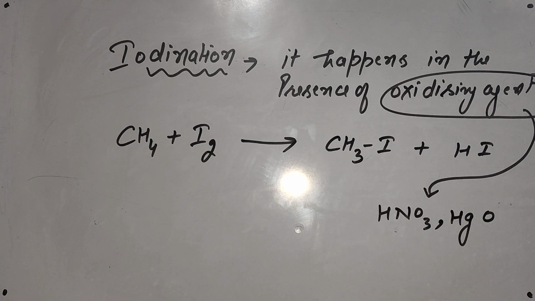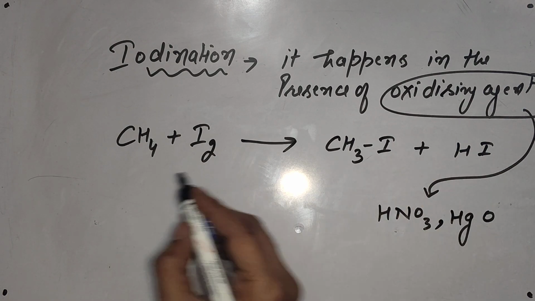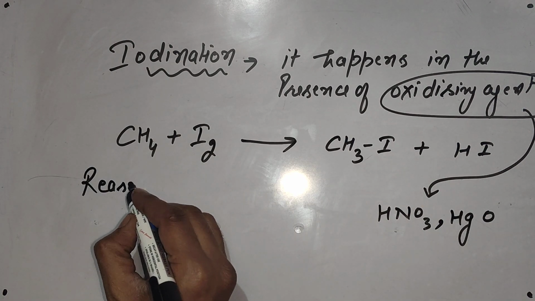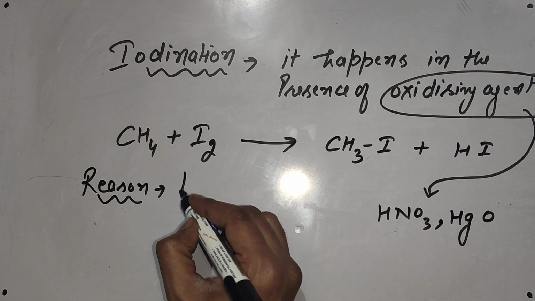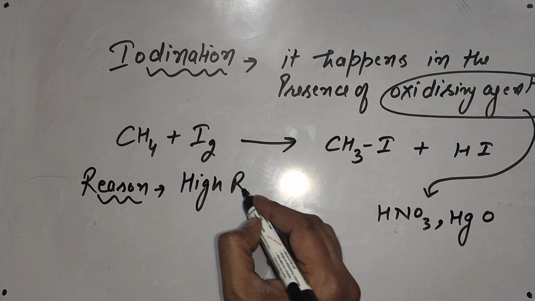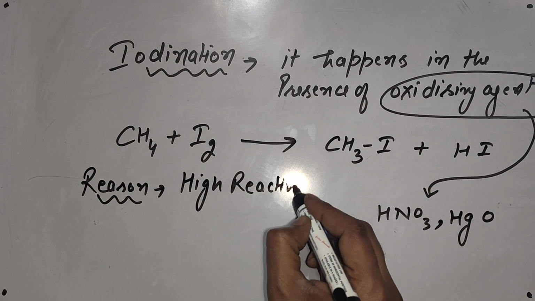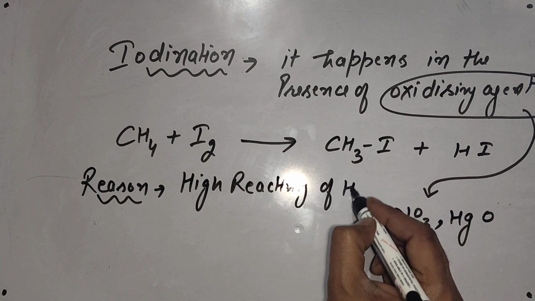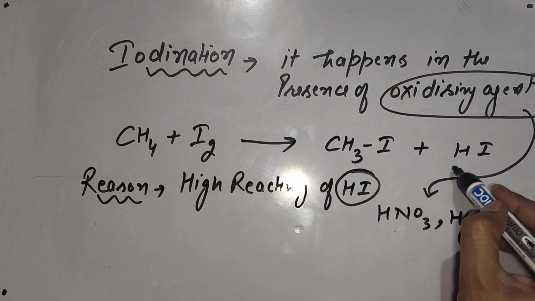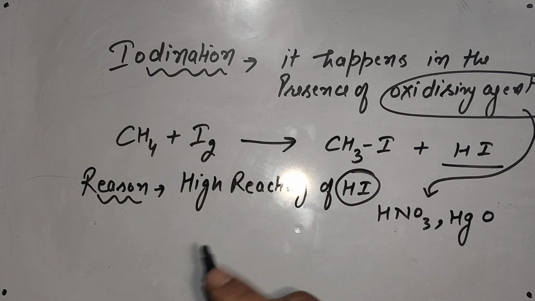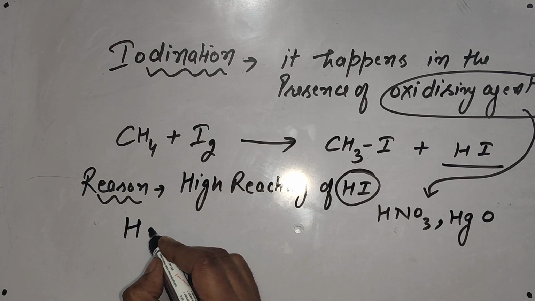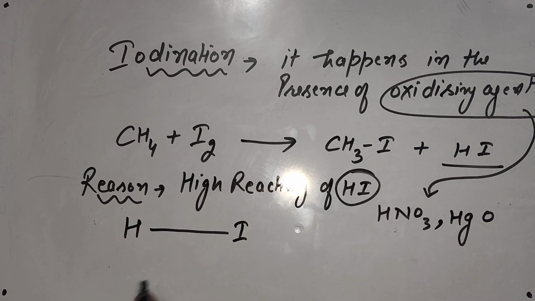Why do we need an oxidizing agent? The reason is the high reactivity of HI. Yes, this is a side product HI, and in HI the bond length is very long. Between hydrogen and iodine, the covalent bond, the sigma bond, is very lengthy. That's why it is very weak. And why is it so lengthy?